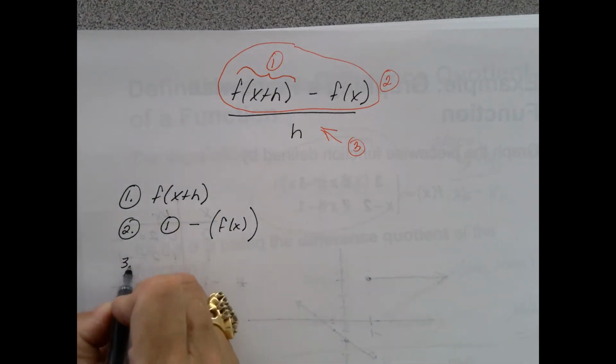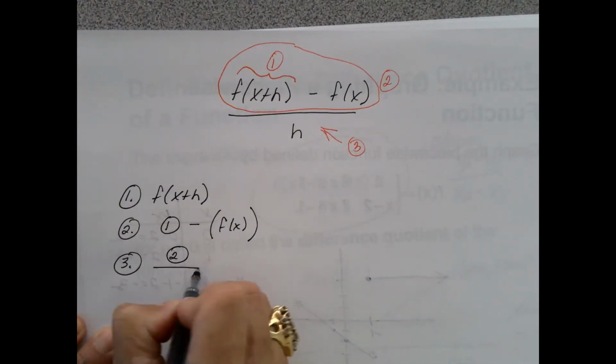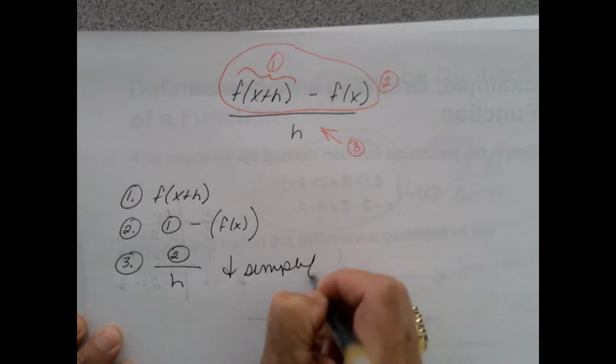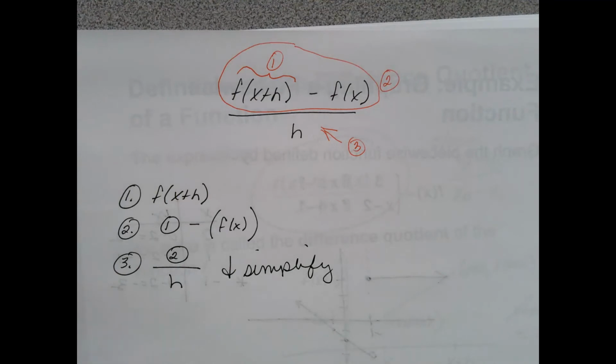Step number three is where you take your result from step number two, divide by h, and simplify. Those are your steps. You can just go at it all from a big, broad problem and not break it into steps, but I recommend the steps.